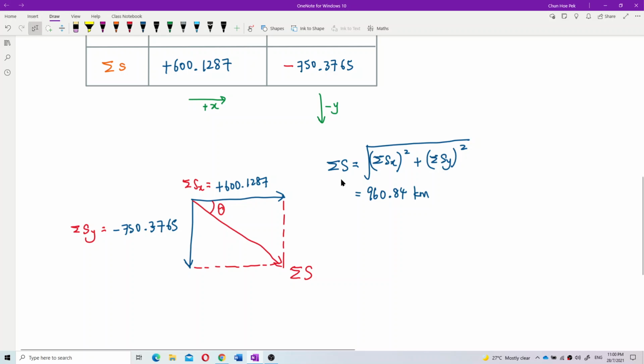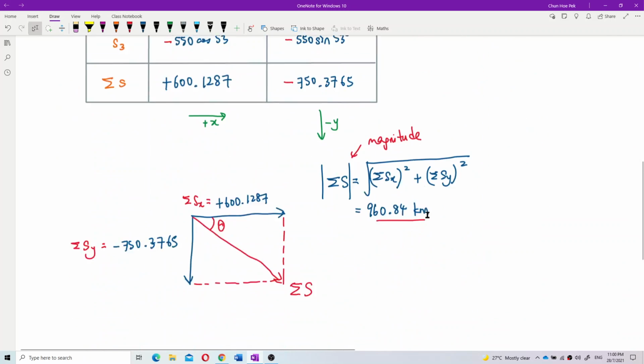That is our magnitude. This modulus symbol means the magnitude. We call it the magnitude of the total displacement. So we got the answer 960.84 kilometer.